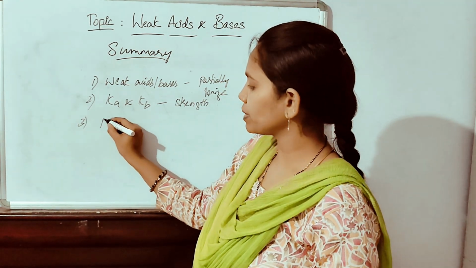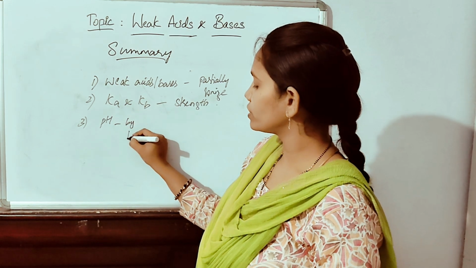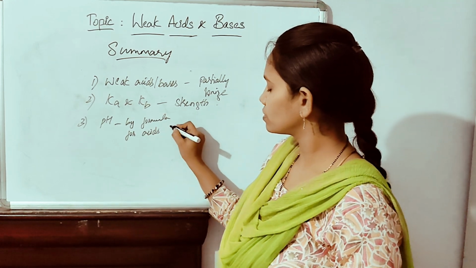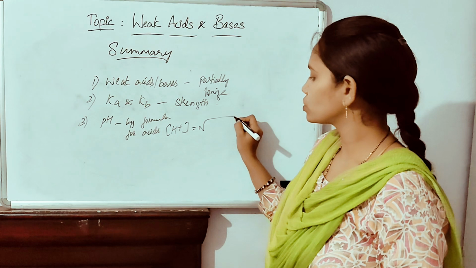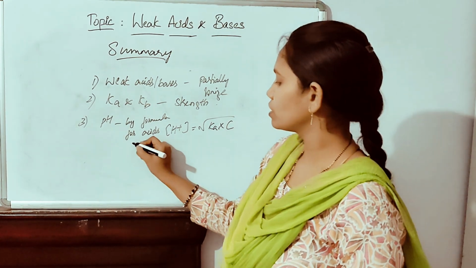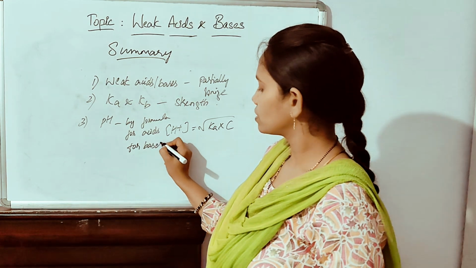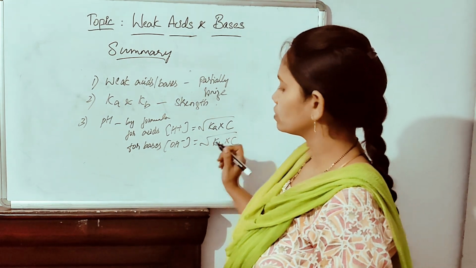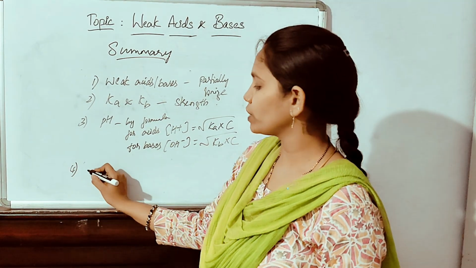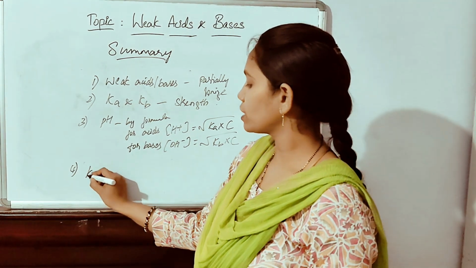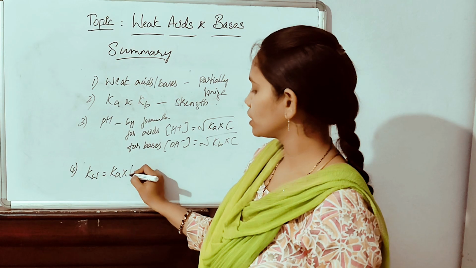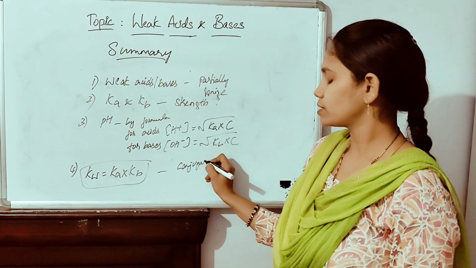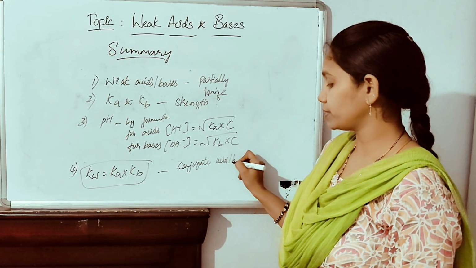Third, you can calculate pH by using the formula for acids, concentration of H plus is equal to square root of Ka into C, and for bases, OH minus ions is equal to square root of Kb into C. And finally, we have seen the relation between Ka, Kw and Kb. Kw is equal to Ka into Kb, which is an important identity for conjugate acid base pairs.